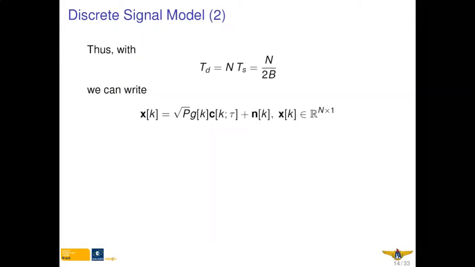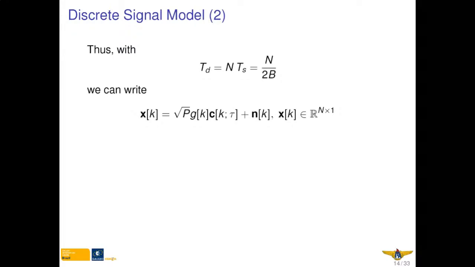So the duration of the sequence is equivalent to the number of samples that we took times the sampling duration Ts, which is equivalent to N over 2B. We can now derive a vector formulation of our signal. We have the signal vector x of period k, the vector c of k parameterized by tau, so of our spreading sequence, and a noise vector.